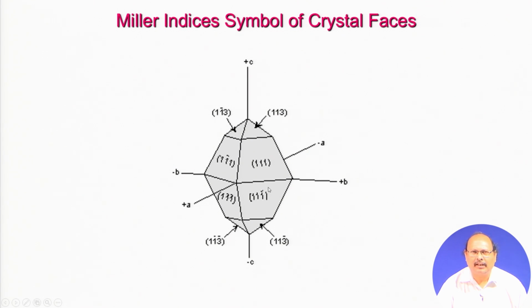It means that it intersected the negative direction of the C crystallographic axis, but it intersected the positive direction of the A crystallographic axis and the positive direction of the B crystallographic axis. So, this nomenclature we will be following in the course of further study of the crystal phases here.